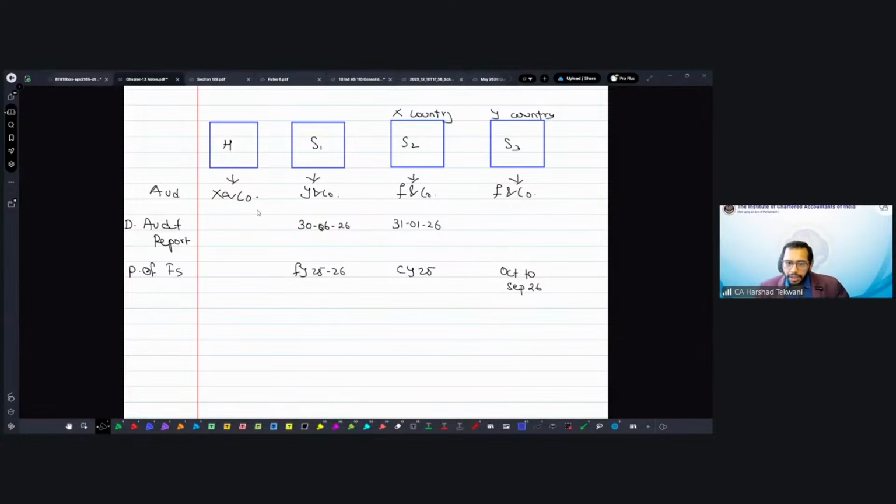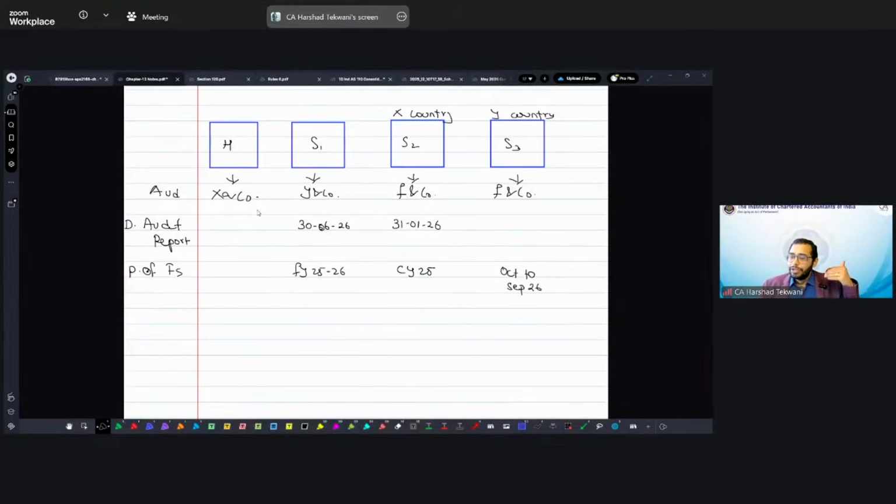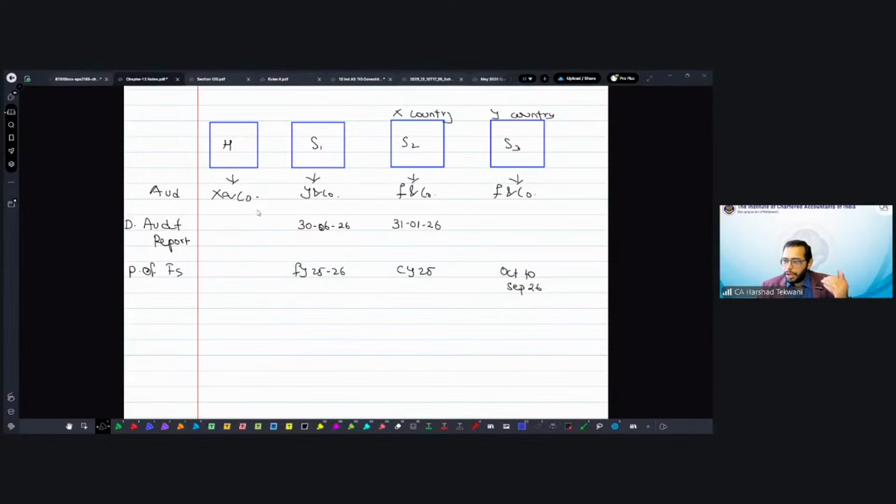Now, again, the due date for issuance of the report here will be in the next year. So what I will do is I have to take up the audit report of a period before, which is issued for the October 24 to September 25, and then I will ask the auditor to do the rest of the portions audit. So first here, the audit will be performed till September 25.